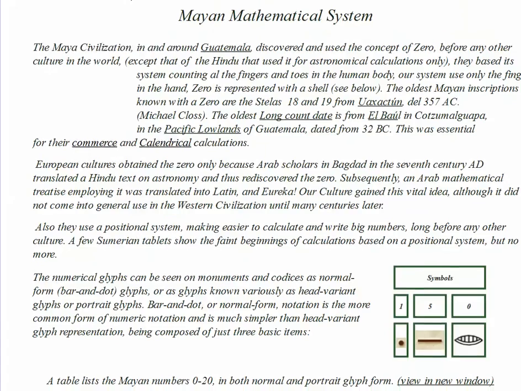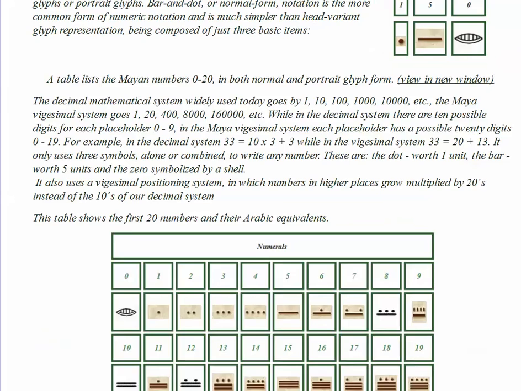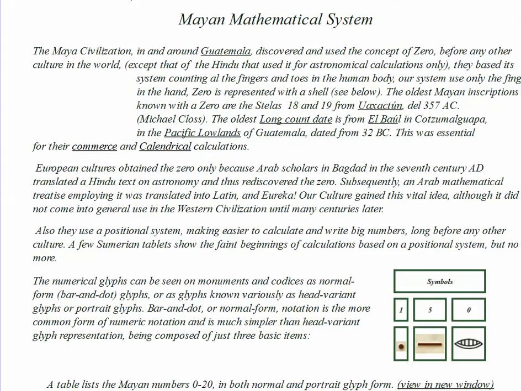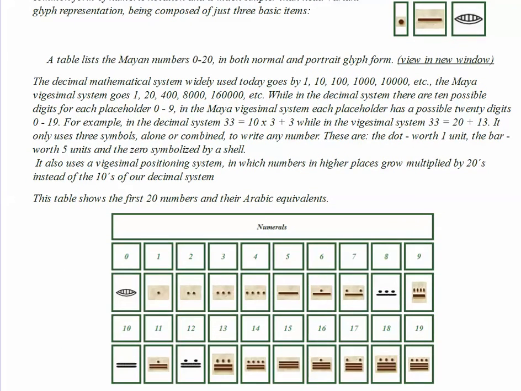Now, what does a base 20 numeral system mean? It means that there are 20 distinctly different characters for the numbers.